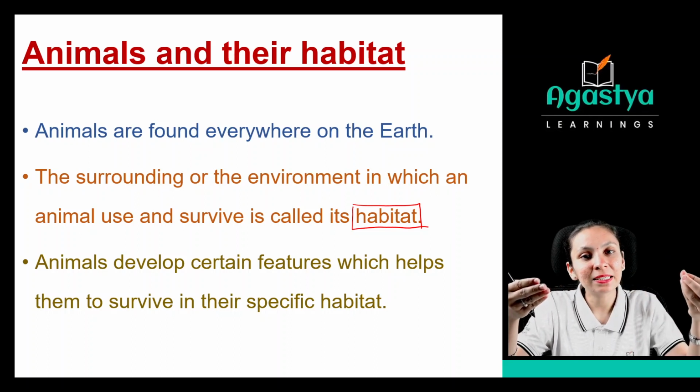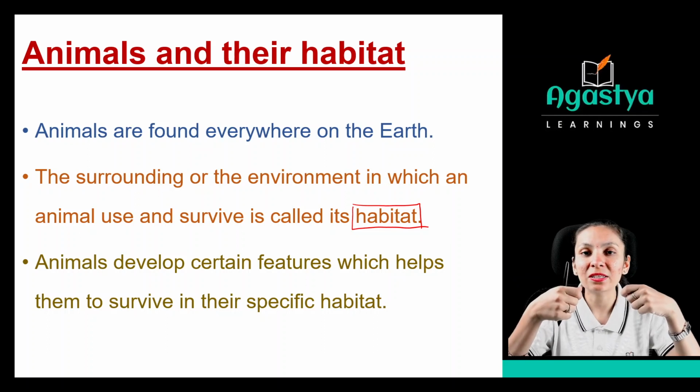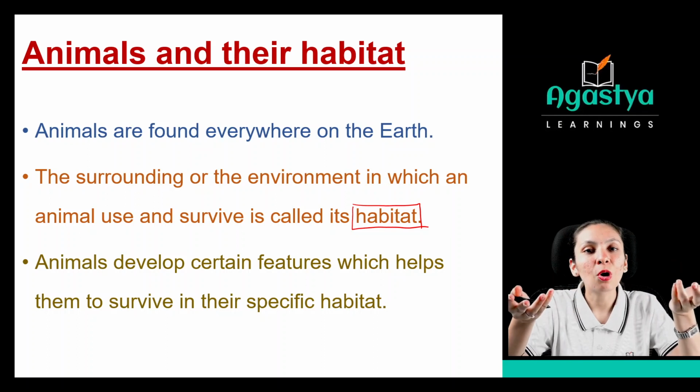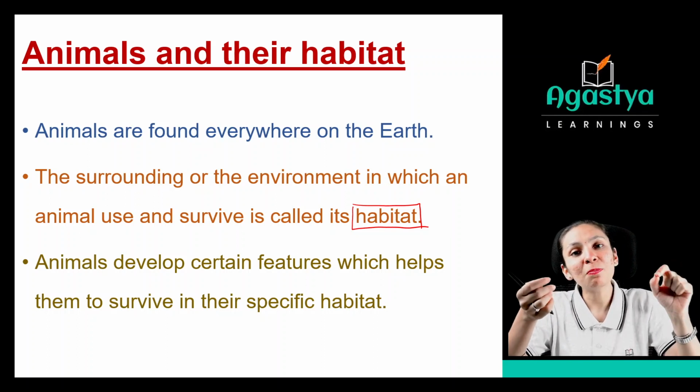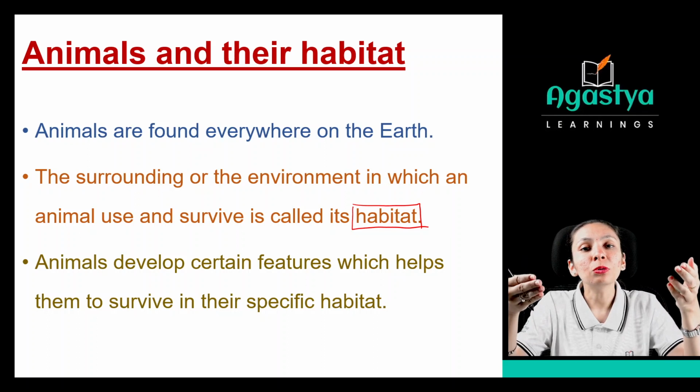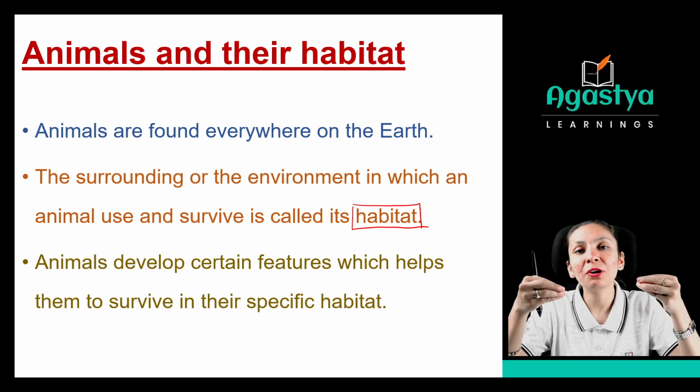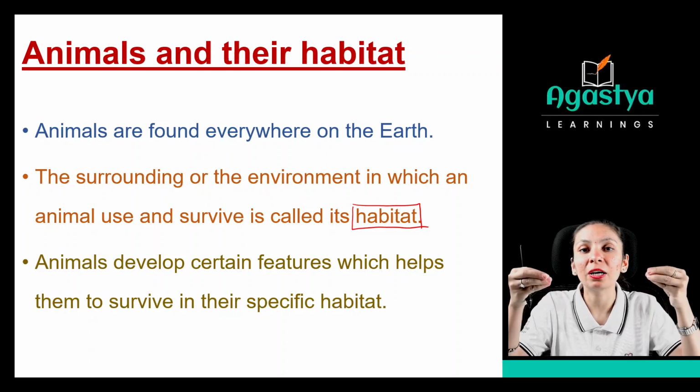If the winter season is there, then we will wear jackets or sweaters. If the summer season is there, then we will wear cotton clothes, right? And if the monsoon season is there, to protect ourselves, we will wear a raincoat, right? So this kind of adaptation we are doing to survive in that kind of environment.